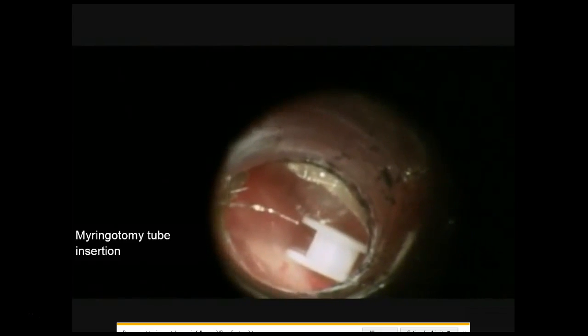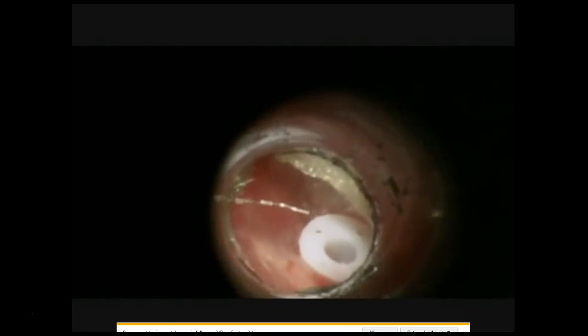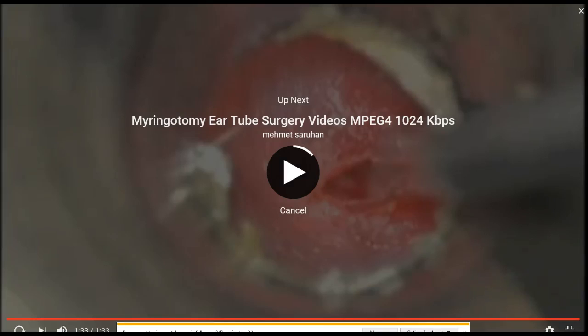And here's the tube. And there you go. He's inserted it into the incision. And it's as simple as that.